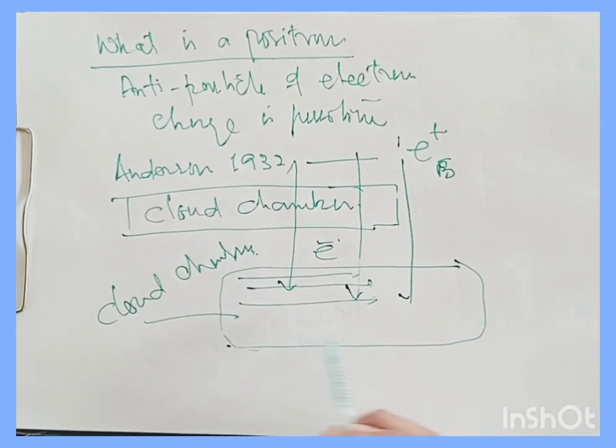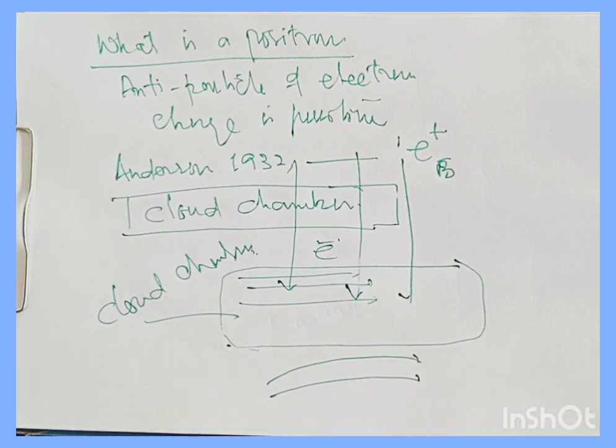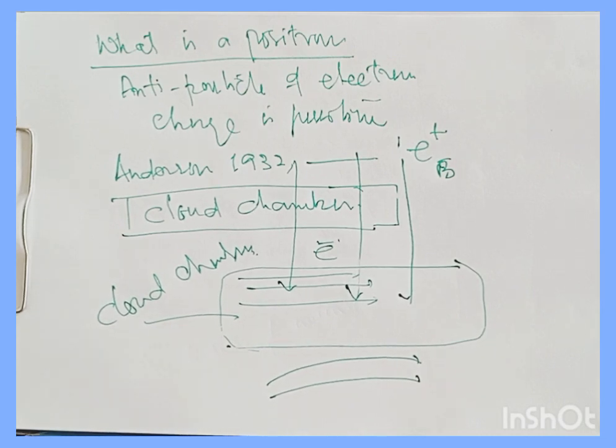Observing the curvature, on applying the magnetic field, some curvature is induced in these electrons, because when we apply a magnetic field on a charged particle, it certainly affects its trajectory.